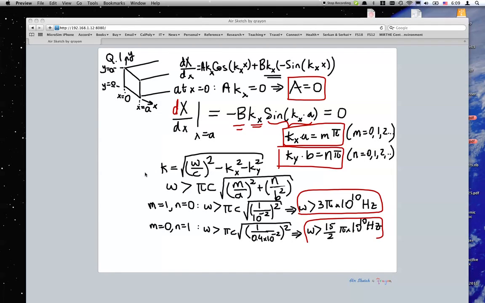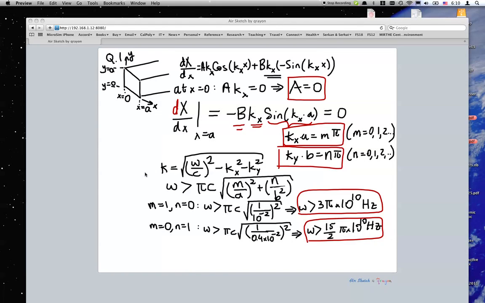Well, am I done? Is it just between those two frequencies? No, because I should also check m equals 2, n equals 0, or m equals 0, n equals 2. For n equals 2 it won't work because it's going to be double this frequency, even larger. So I need to just check m equals 2, n equals 0.